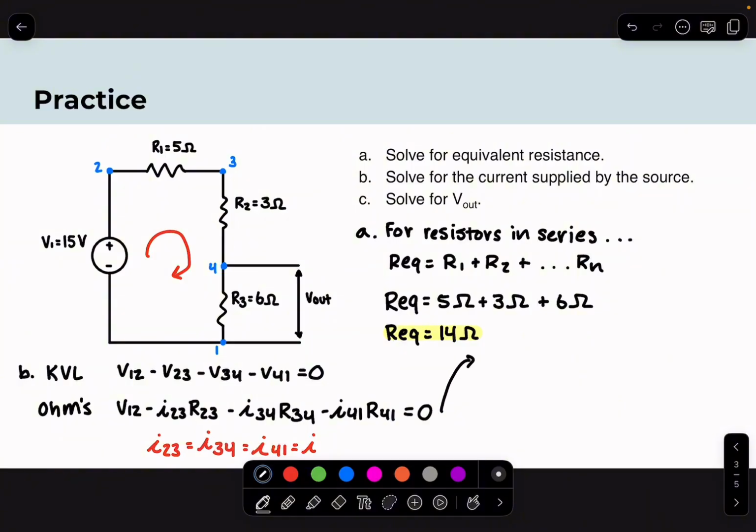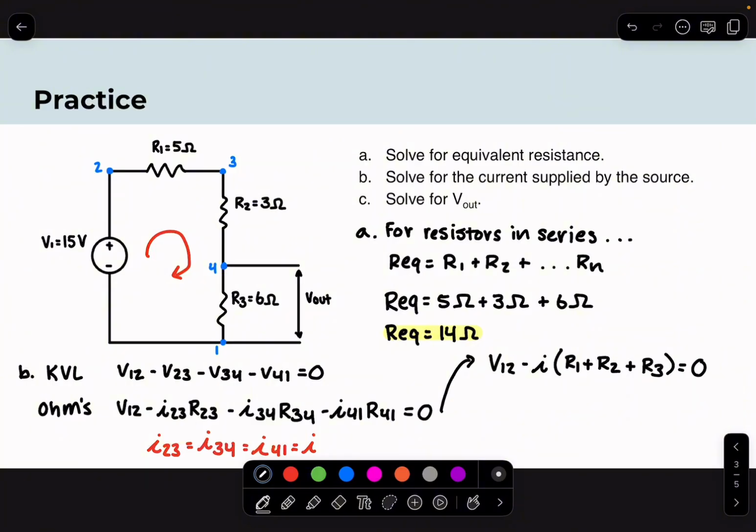Taking this equation right over here, we simplify that the voltage from 1 to 2 minus that current, and then R23 is the same as R1, R34 is the same as R2, and R41 is the same as R3. It's going to be equal to 0.